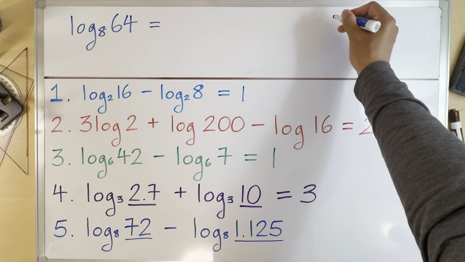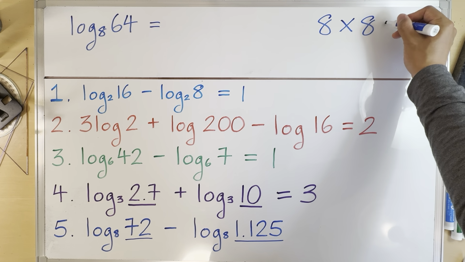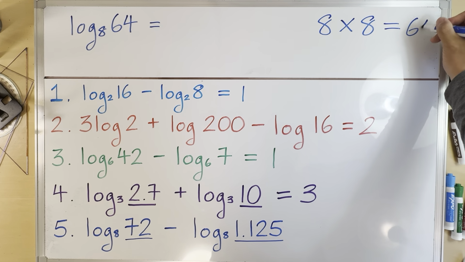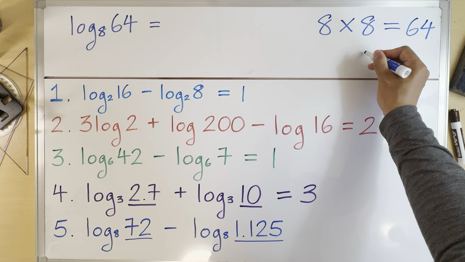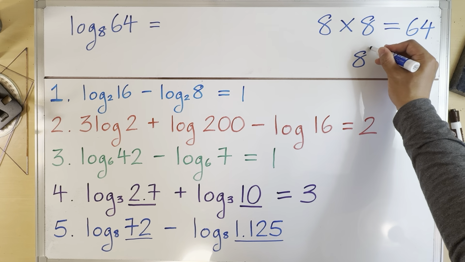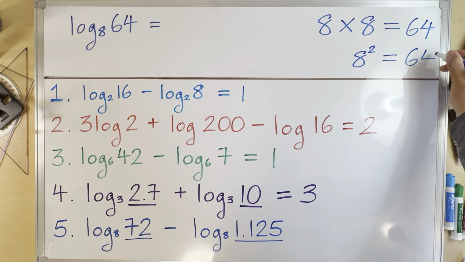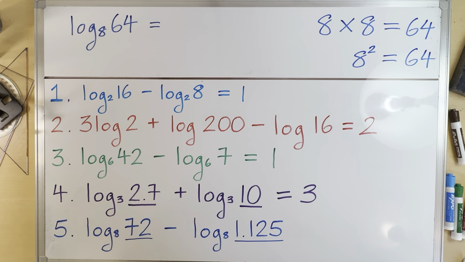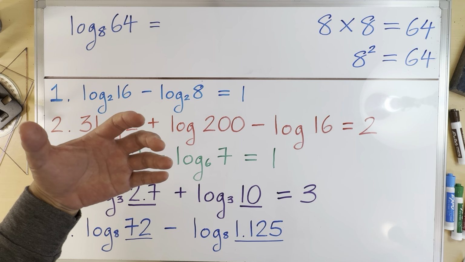Well, 8 times 8 gives us 64. And 8 times 8 is equal to 8 to the power of 2, which is equal to 64. And remember that in a logarithmic expression, what we're looking for is the value of the exponent.